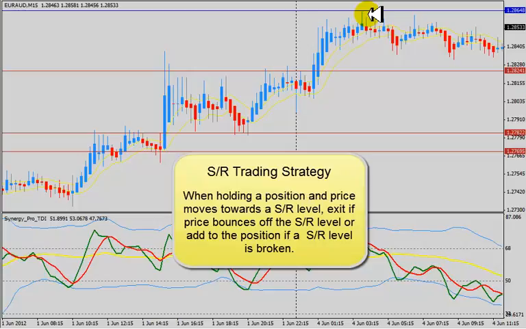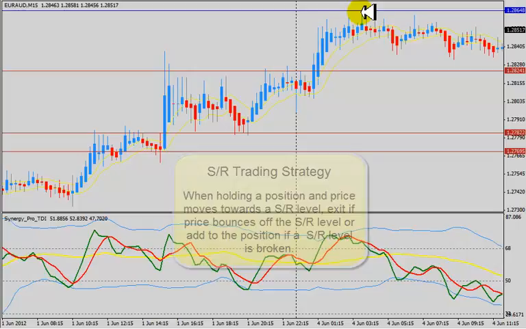If it doesn't close beyond that level, then look to exit the trade. If it does get above that level, like in this case, let's say we were long from here, it went up to the level, bounced around, then finally pushed beyond that level, you can hold into your position or add to your position as you're moving up to the next level.